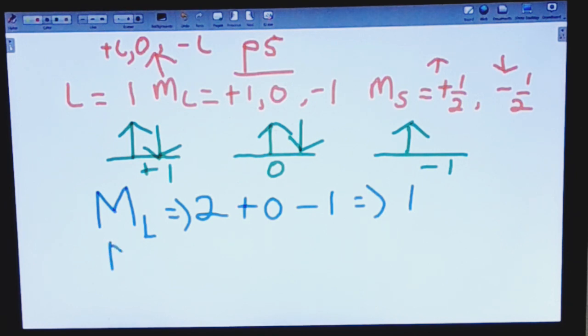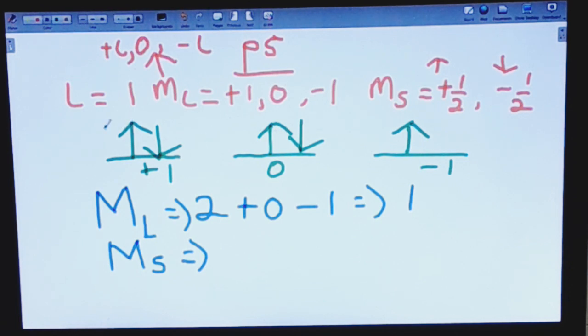Then we calculate the spin quantum number. The total spin angular momentum is represented by capital M and S. So the total spin angular momentum can be determined by summing the spin quantum number of each electron in the orbital.